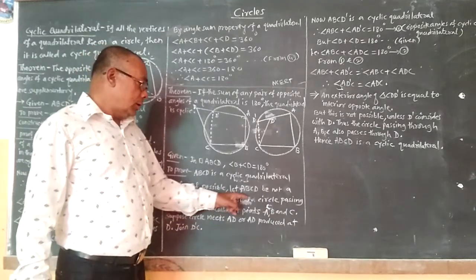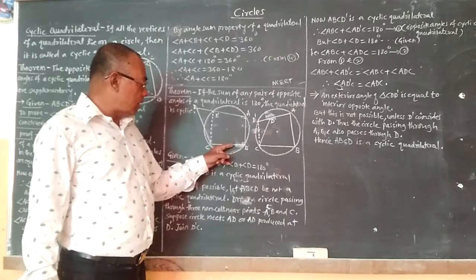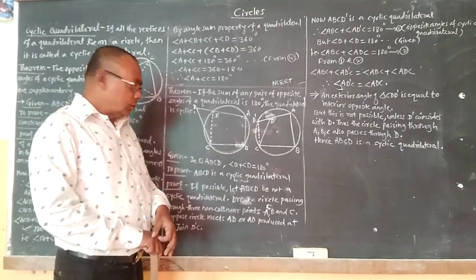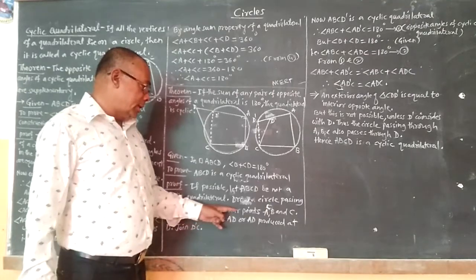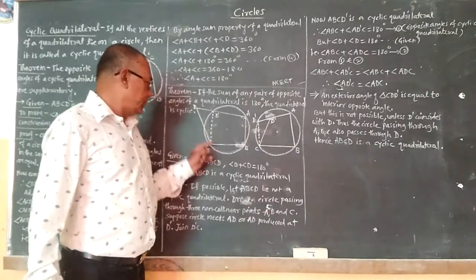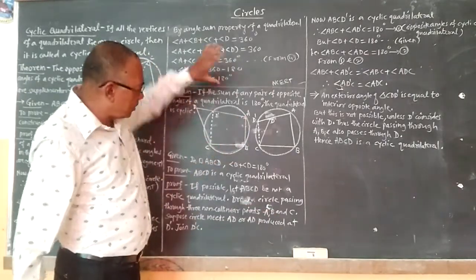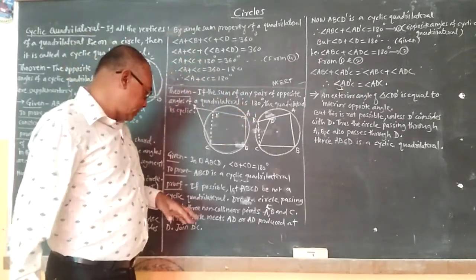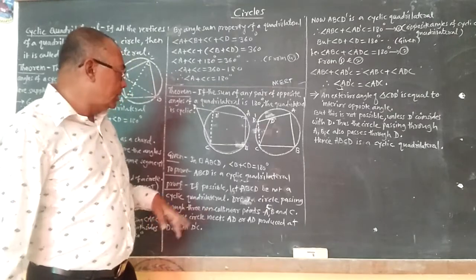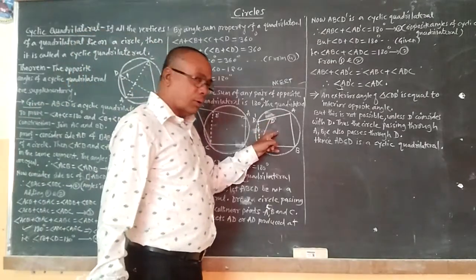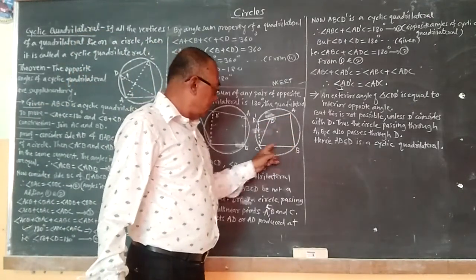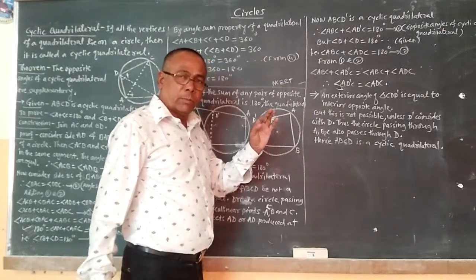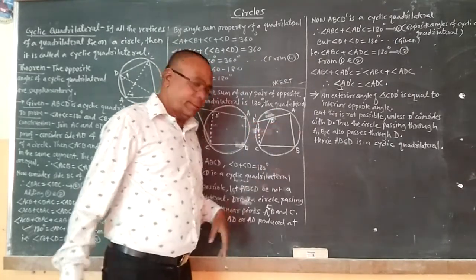So draw a circle. I have drawn a circle passing through three non-collinear points A, B and C. Here also I have drawn a circle through A, B, C. These are the three non-collinear points, and through these points the circle is passing.